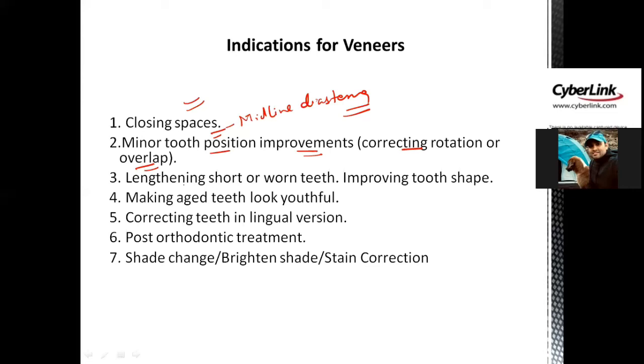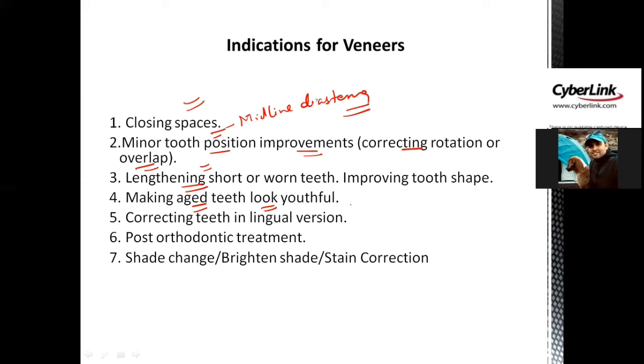That means where we need to increase the smile or improve the aesthetics, we have to lengthen the crown. Sometimes because of increased lip length, we are not able to see the tooth. So we can increase the length of the tooth, making aged teeth look youthful. Because of age, there is yellow discoloration, so we can mask that with veneers.